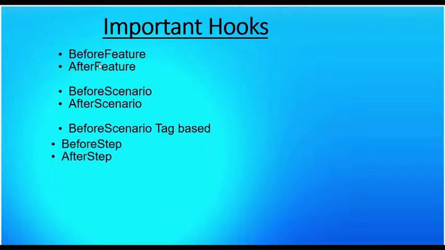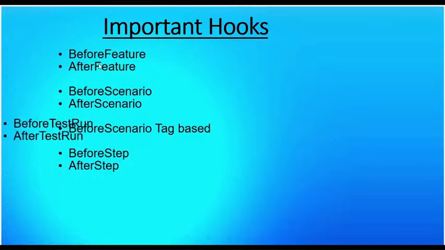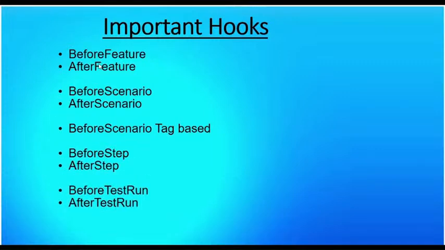And next we have before step and after step. Basically this type of hook will be used in the reporting part, because whenever I'm executing that particular step, I need to log it in the report. And next we have before test run and after test run.